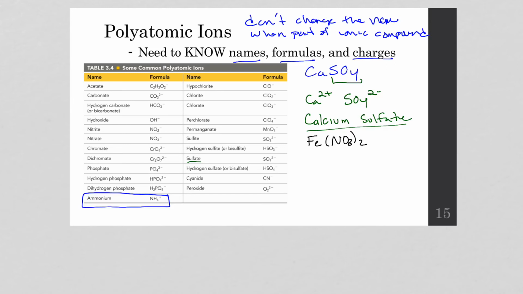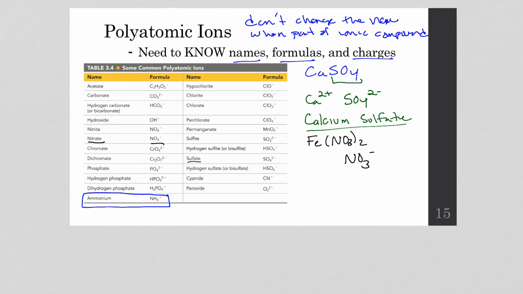So I'm eventually going to know that NO3 is nitrate, and nitrate is NO3 with a -1 charge. So if I look at my compound, I have 2 of these, which gives me an overall -2.